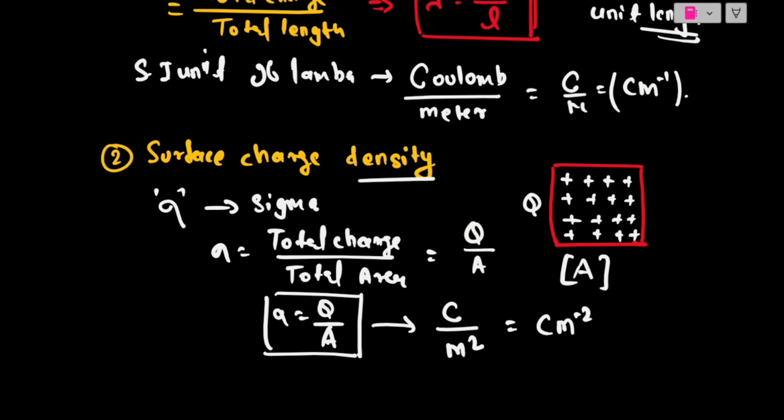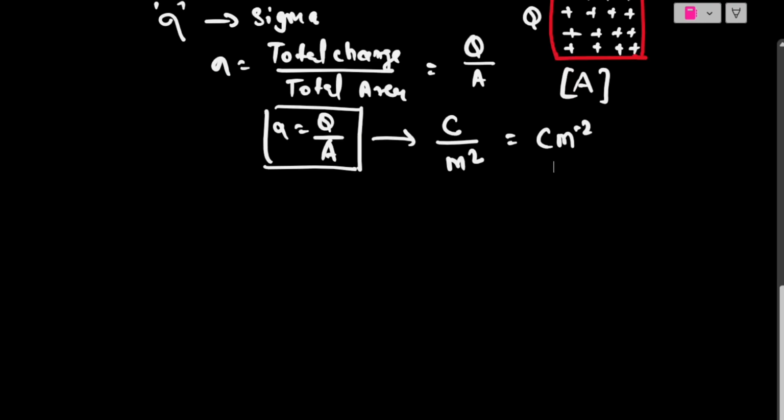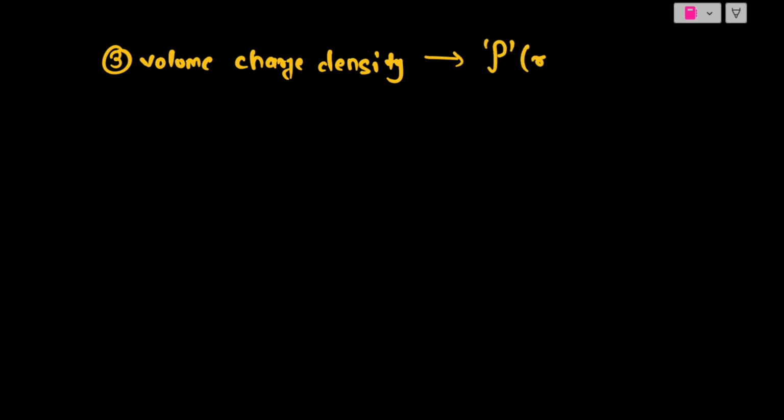Now we can head towards the volume charge density. So our third point is the volume charge density, which is represented by the letter rho, right? So let's take a volume first. You can take a cube or cuboid or a sphere for your volume, but I'm taking a simple cube.